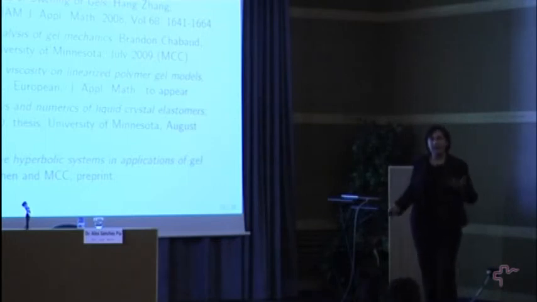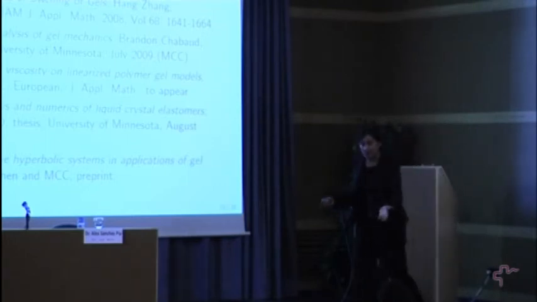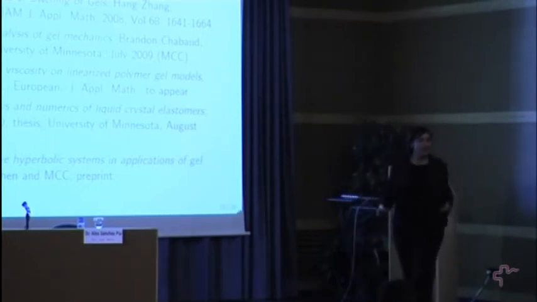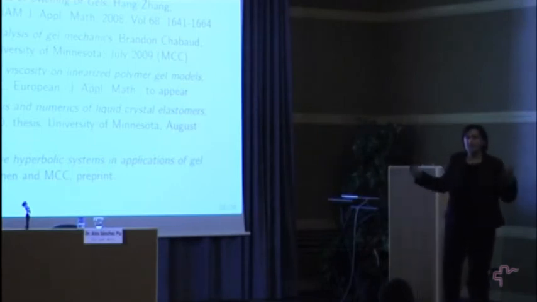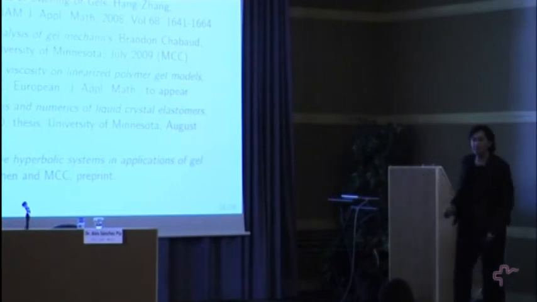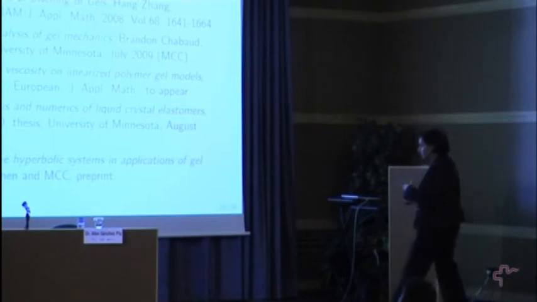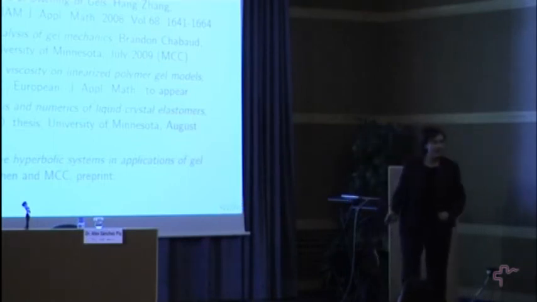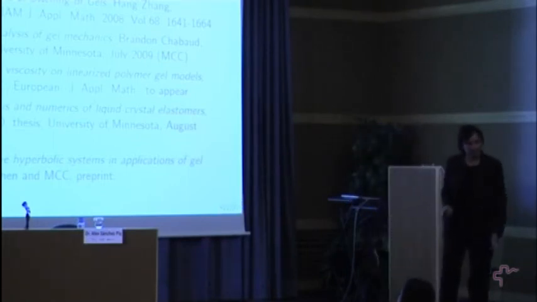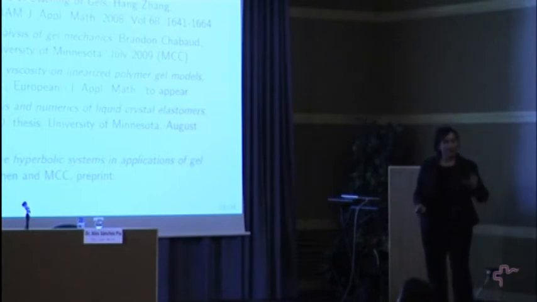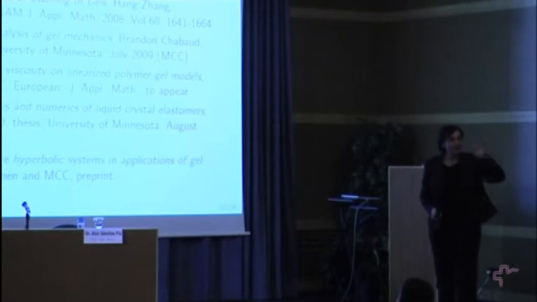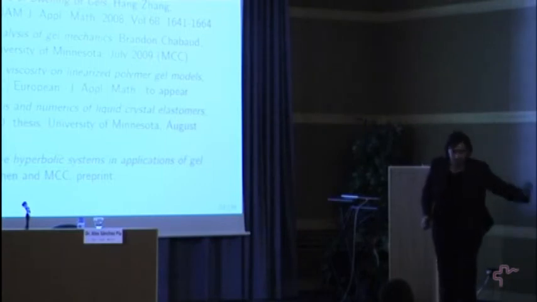Well, it happens that when you use a gel made of polymers used in devices, exactly the Medtronic type of devices in bones and also some of the pieces in the pacemaker, it turns out that they are very viscous. They are so viscous that the term that has the acceleration, the derivative of the velocity with respect to time, has a coefficient so small that you can just ignore it.